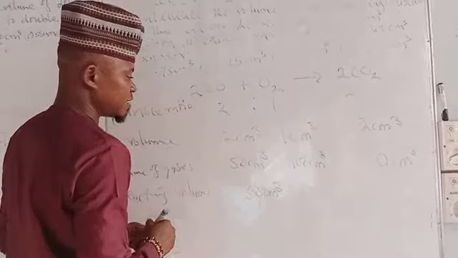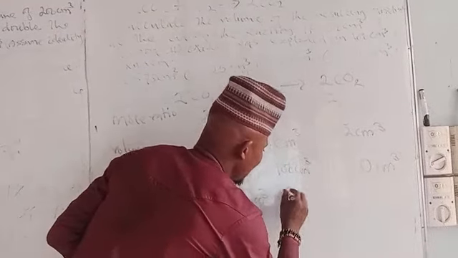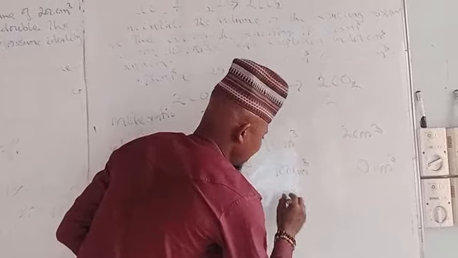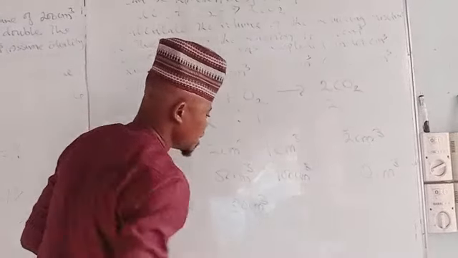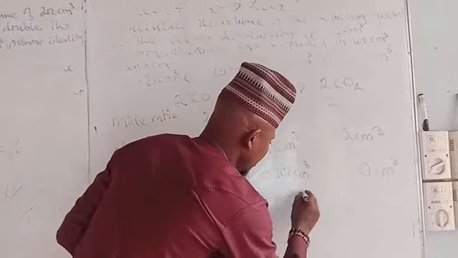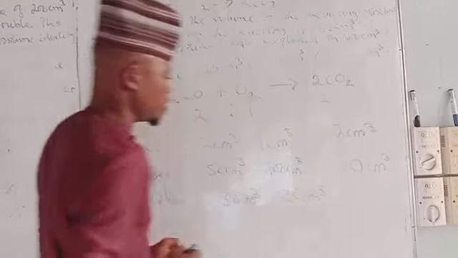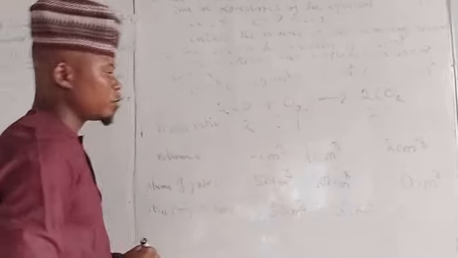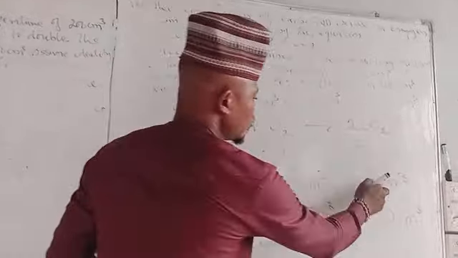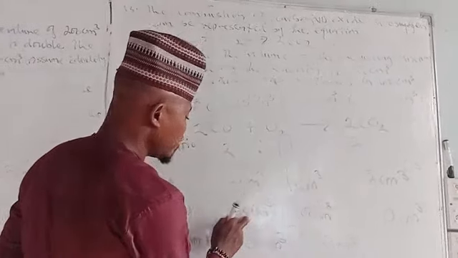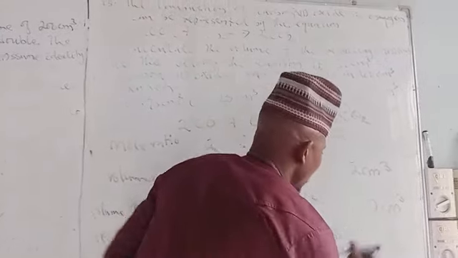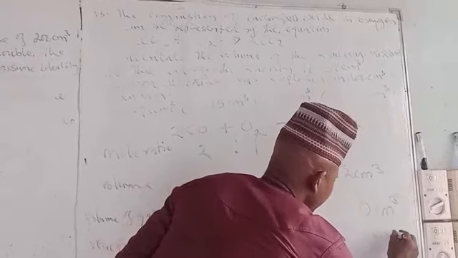So if 50 of this react, 25, not 5, 25 cm³ of this will need to react. 25 cm³ will react. Anytime 2 of this react, 2 of this is formed. So when 50 of this react, 50 cm³ will be formed.